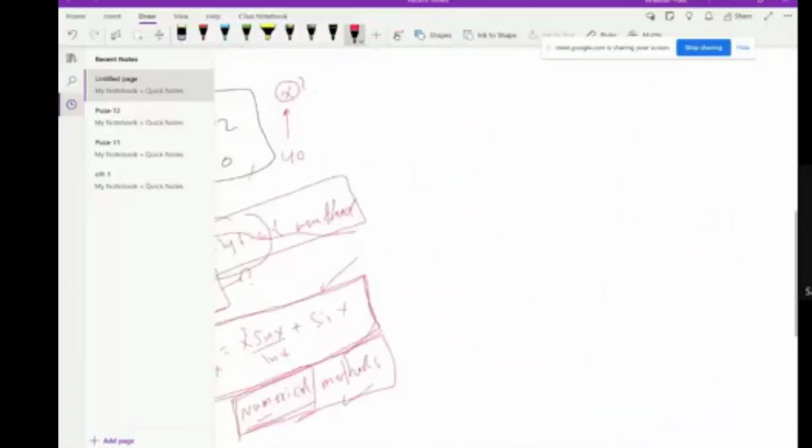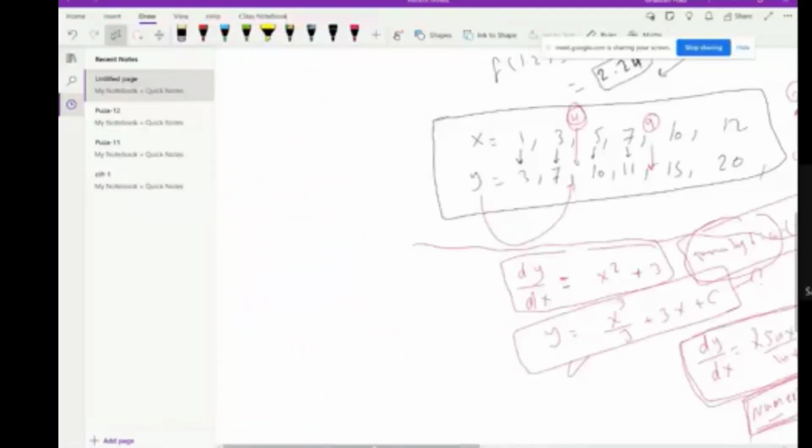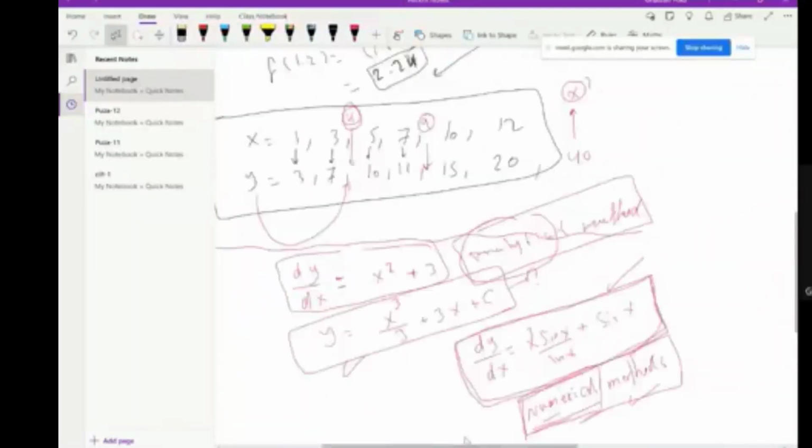Doctor, how can we know it is difficult? Sometimes we can solve it, sometimes maybe we don't know the idea of the analytical way. It will be analytical, but we don't know. Yes, you can use numerical. If you don't know how to solve this analytically, you can use numerical.